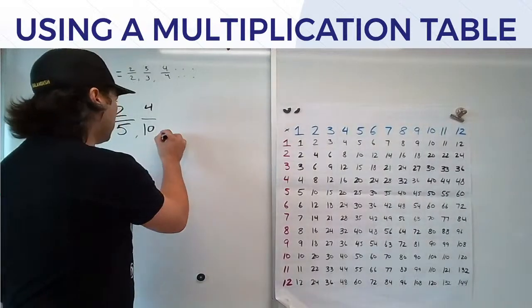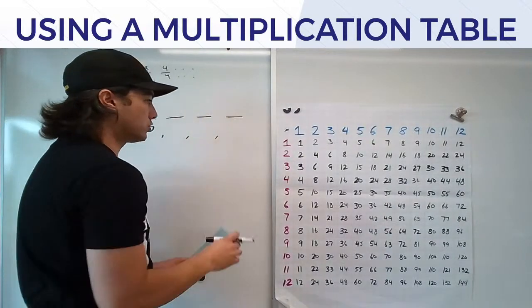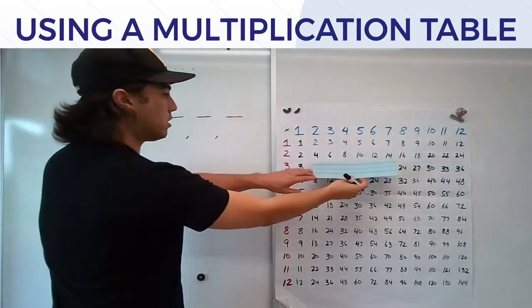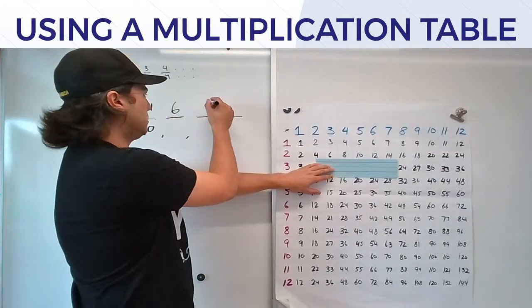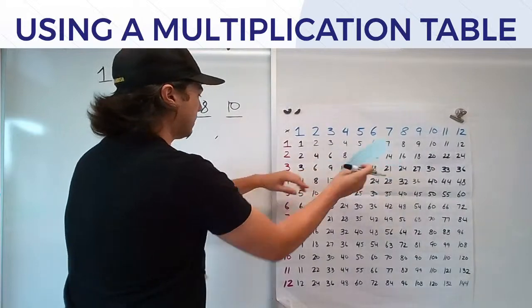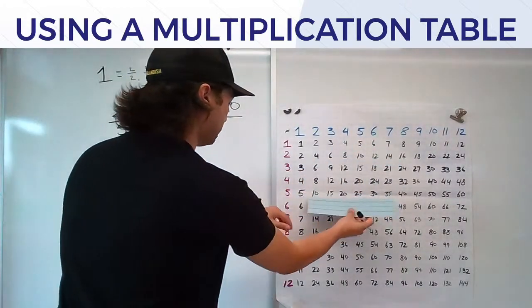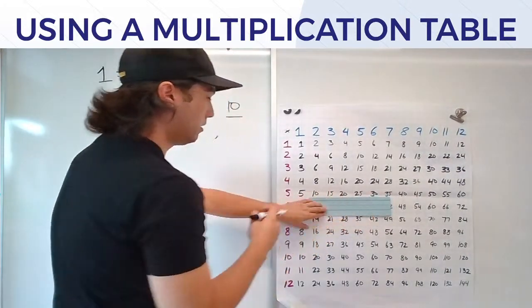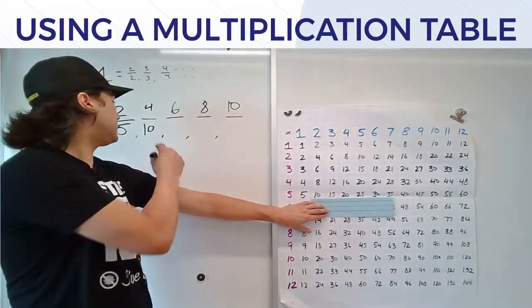An even faster way, if you wanted to go in order, is you could just go straight down the row. What comes after 4 in the 2's row? 6. What comes after 6? 8. What comes after 8? 10. Then let's go to the 5's to get our denominators. What comes after 10 in the 5's row? That would be 15.